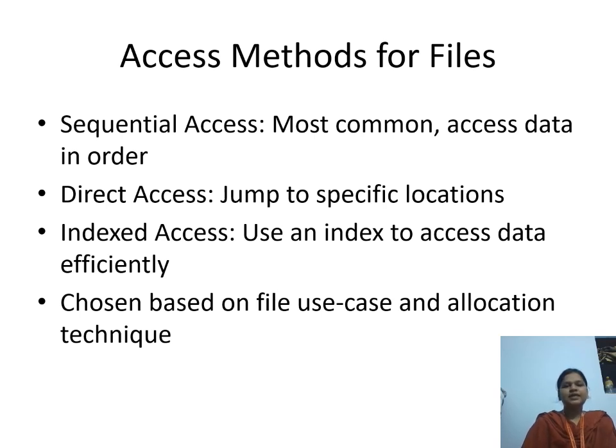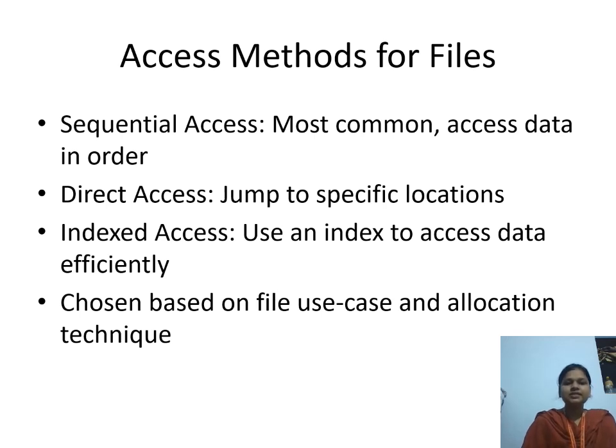Direct access jumps to specific locations. Suppose there are 10 files in one directory. If you want file 5, you go directly to file 5 instead of going through the files one by one.